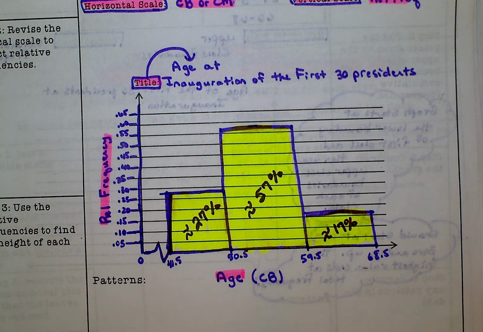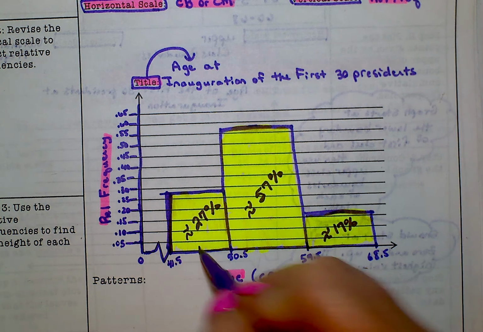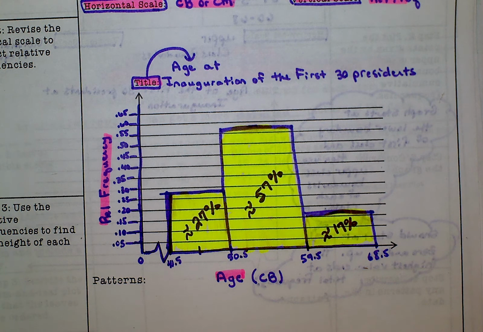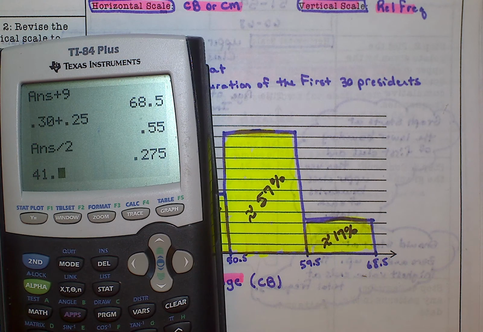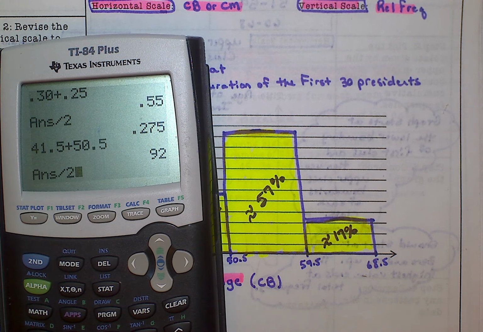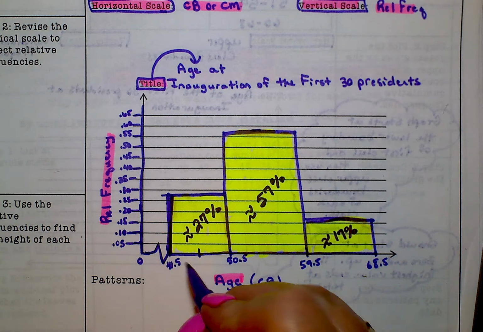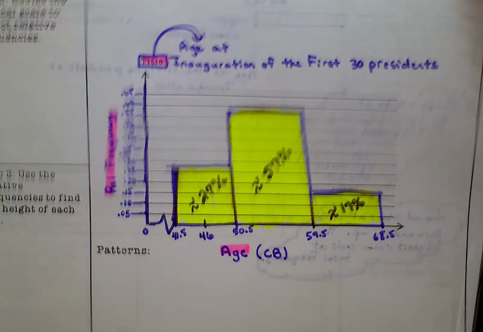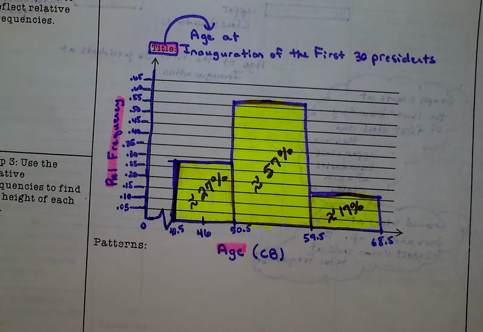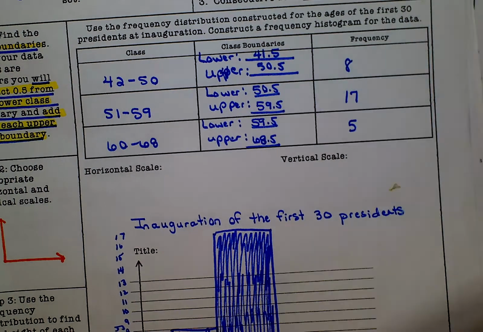Now, if you are doing midpoints and you want to do the midpoint, that has to go in the middle. So the midpoint, if you remember our definition for midpoint, it works both ways. You can take the two class boundaries and add those up and divide by 2 and get 46. Or you can take, if you recall where we did that one yesterday, the two classes and add those two and divide by 2.